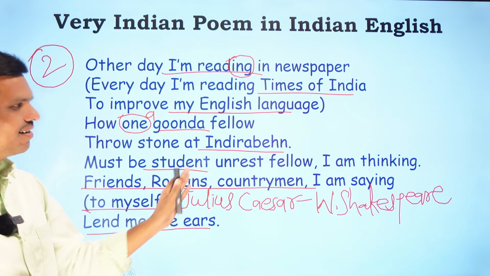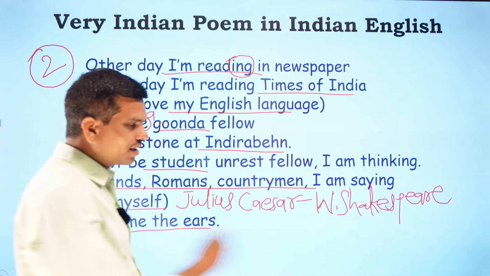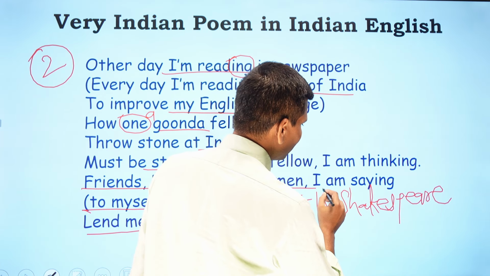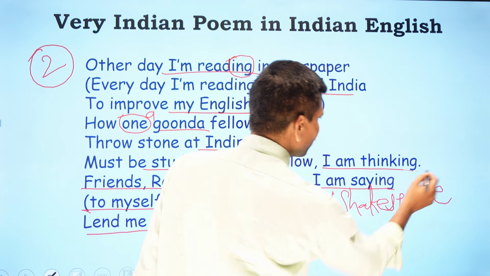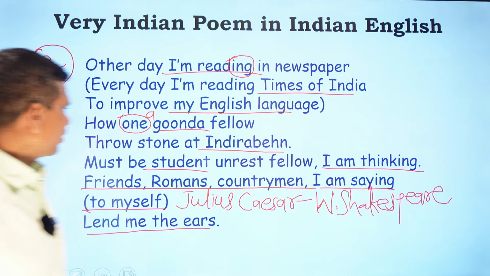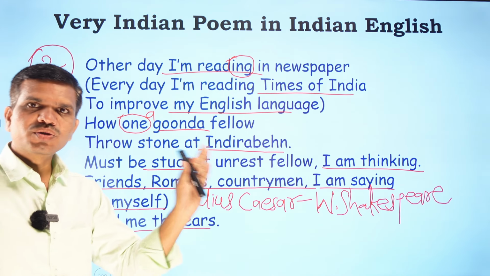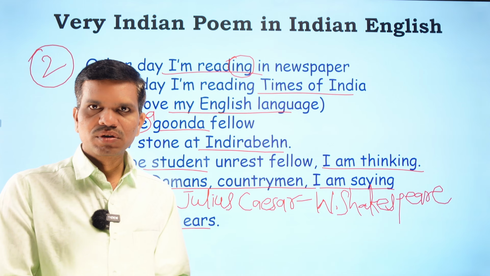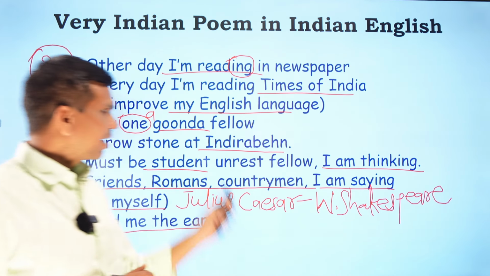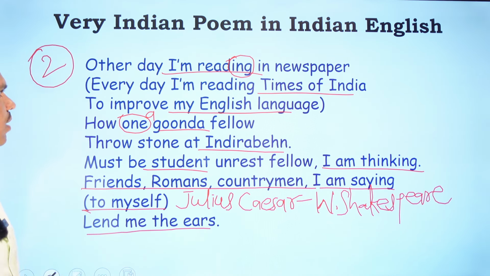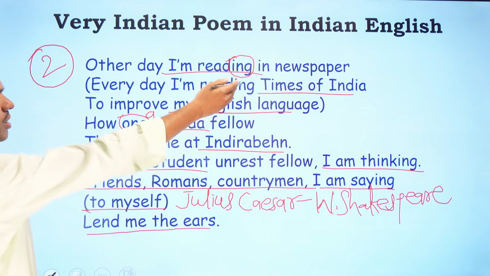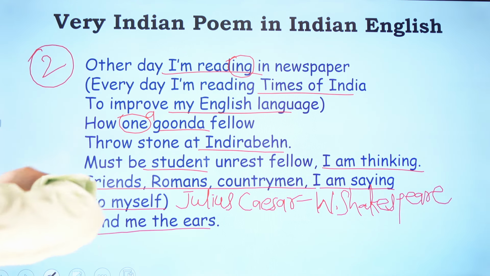Here he is using so many Indian expressions continuously. I am saying, again present continuous tense is used, I am thinking. Instead of saying a Gunda we say one Gunda generally in speaking, and the same he has used here. To improve my English language, so he reads Times of India, this kind of newspaper.